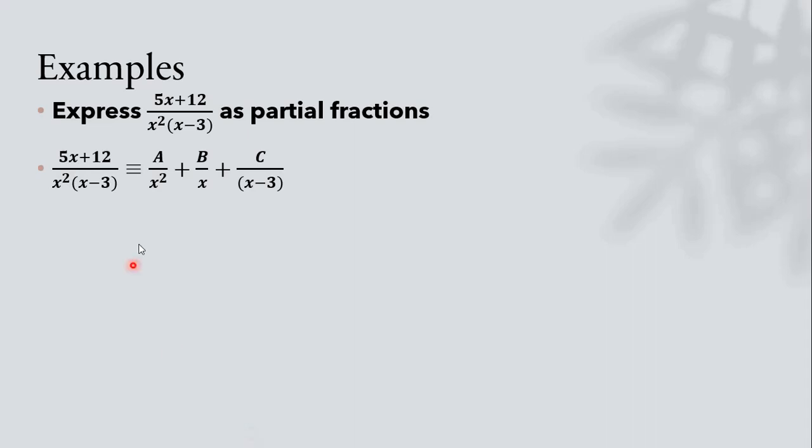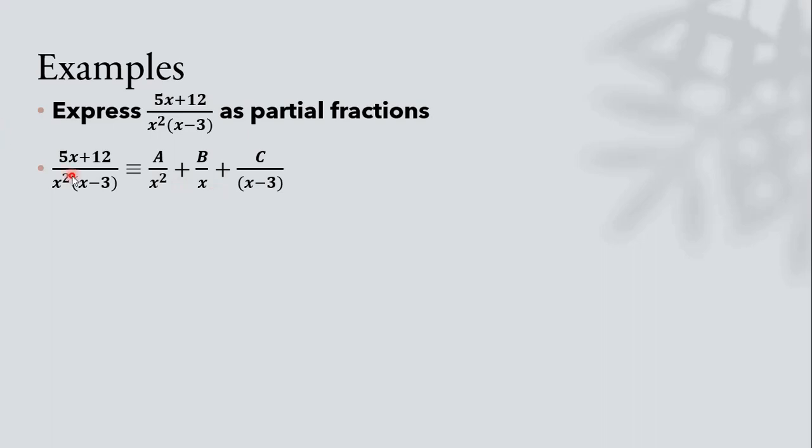Express 5x plus 12 over x squared, x minus 3 as partial fractions. So that is going to be the same as, and this is where we use the x squared and the x. So basically, the reason why you have to split it like this is so that you get x squared terms and x terms and number terms to solve it with.